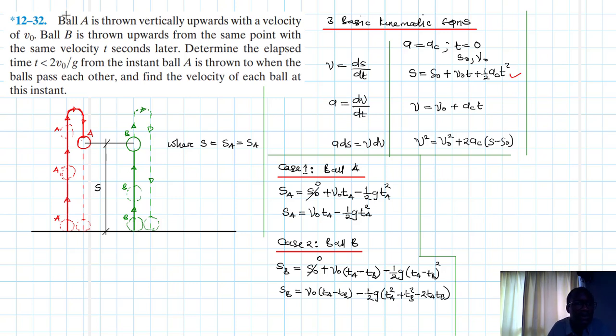So like we said, let SA be equal to SB. Therefore, we'll say our V naught TA minus half G TA squared is equal to V naught TA minus TB minus half G by TA squared plus TB squared minus TB, like so.